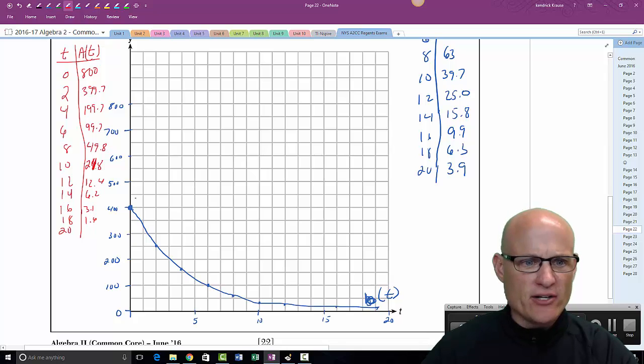So we're going to start at 800. Notice I'm doing this one in red now. 2 is 400, approximately. 6 is 100. What was 6 over here?